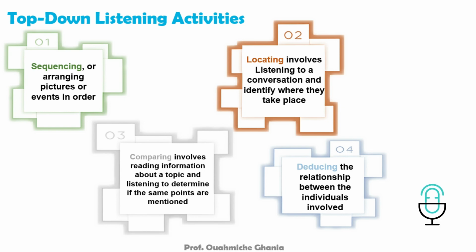A last point to reconsider here is that of culture. The top-down listening strategies often require understanding the culture while the listening takes place. Sometimes, as non-native speakers of English, we face problems comprehending certain television shows.